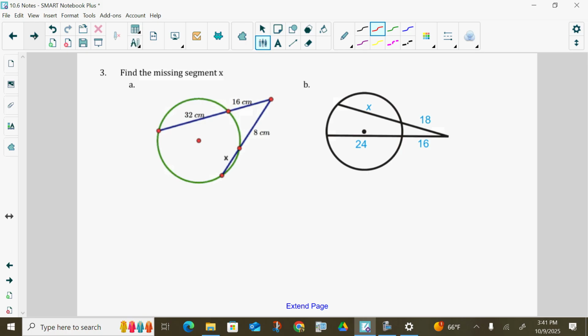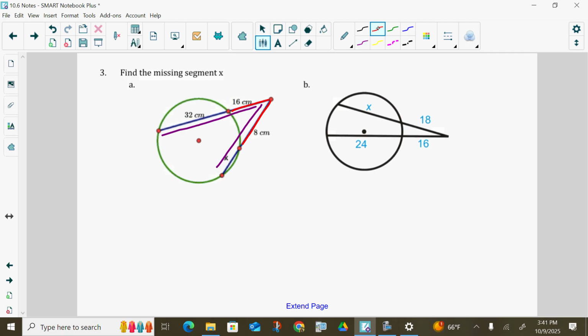So if we take a look at 3A, I'm going to highlight the outside of my segments in red. Those are the outside of my segments, and the whole segment I'm going to highlight in this paint color.